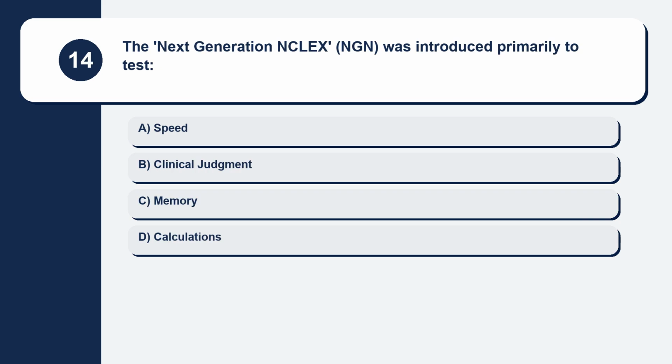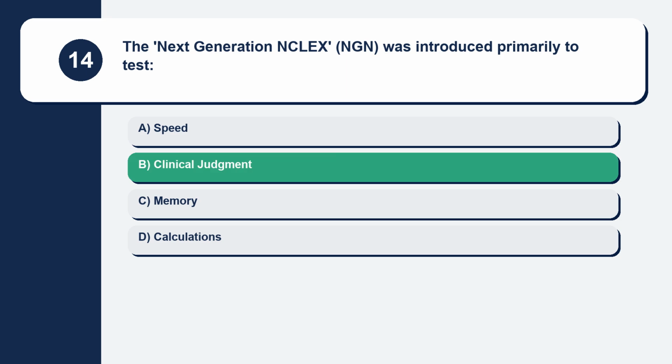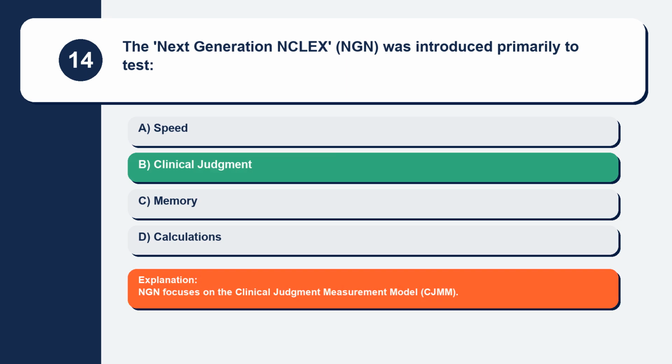Question 14. The Next Generation NCLEX, NGN, was introduced primarily to test speed, clinical judgment, memory, calculations. NGN focuses on the Clinical Judgment Measurement Model, CJMM.